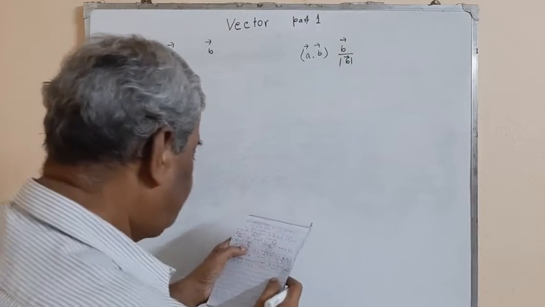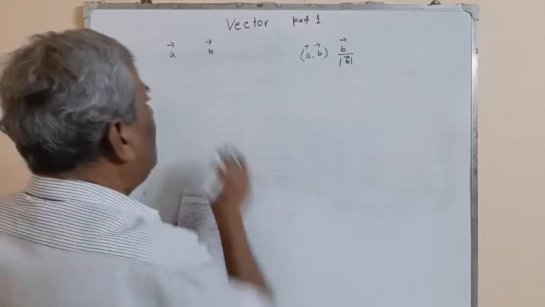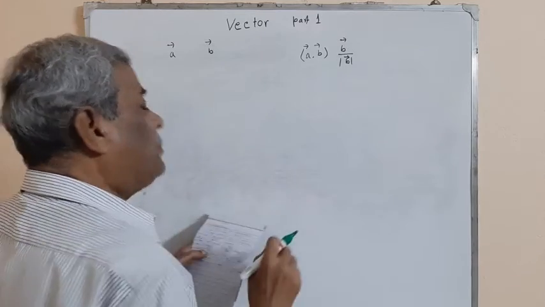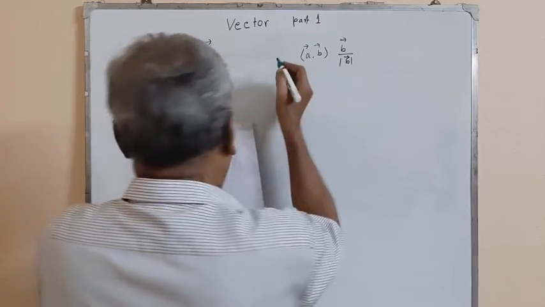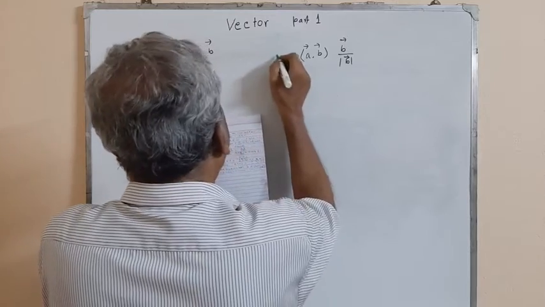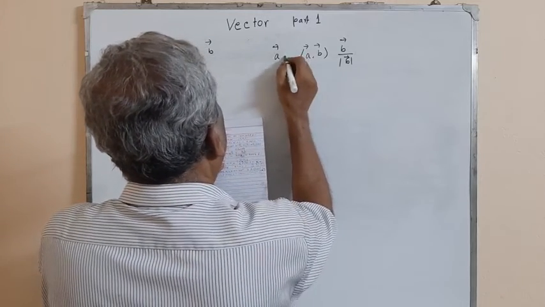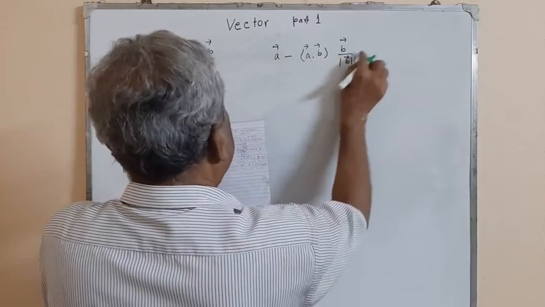And the component of A perpendicular to the direction B is equal to A minus this.